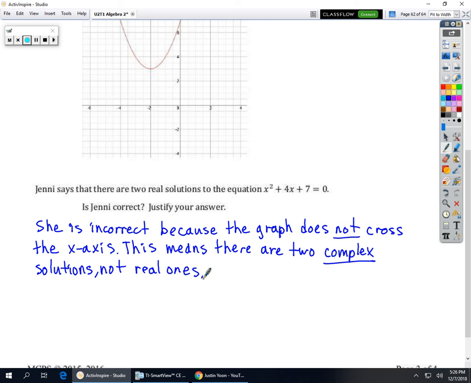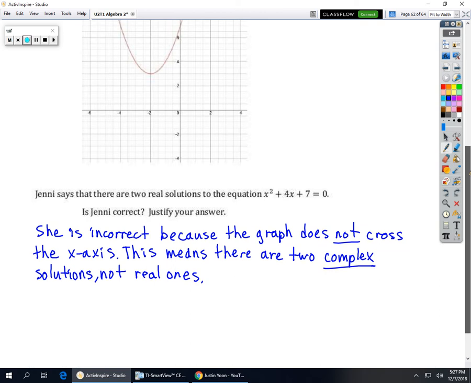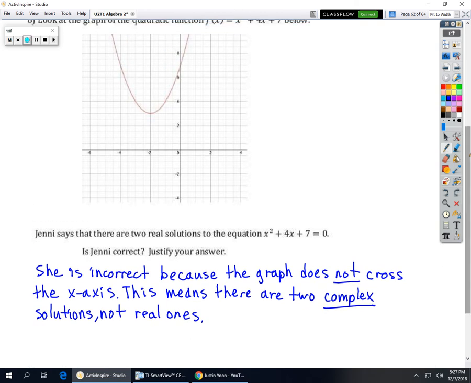And they always come in pairs. If one solution is real, the other one has to be real. If one solution is complex, the other one must be complex as well. There's no such thing as one complex and one real. So again, if the graph doesn't cross, then they're not real. If it crosses, then they are real solutions.